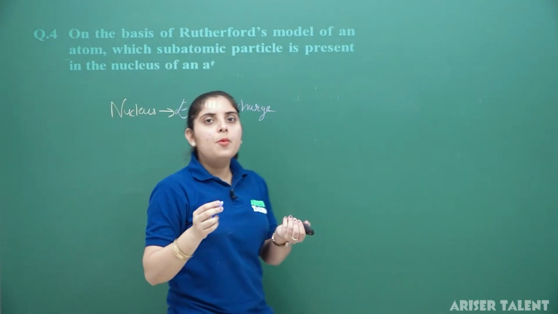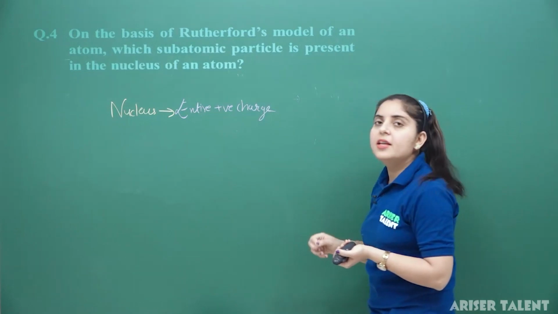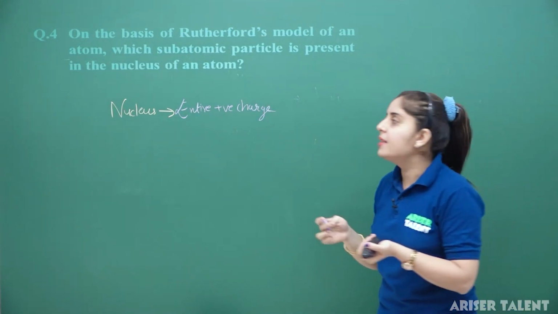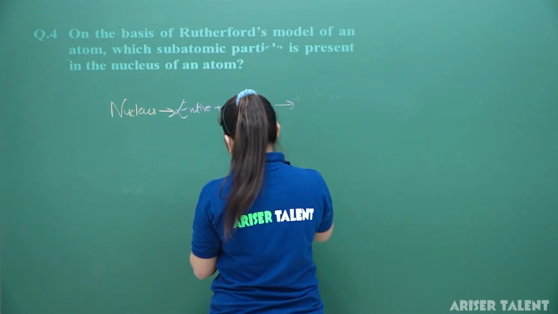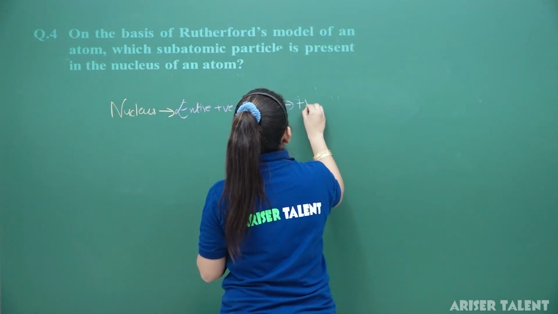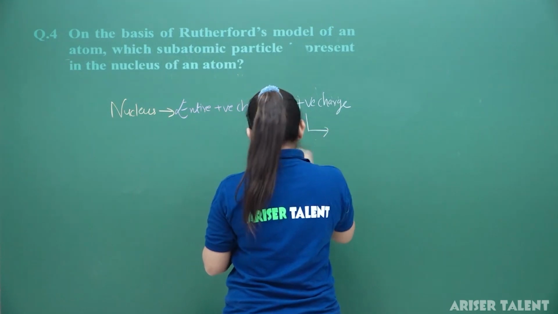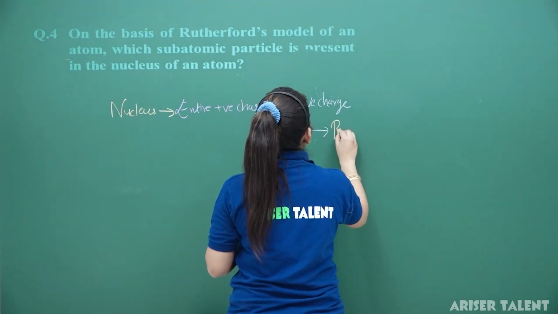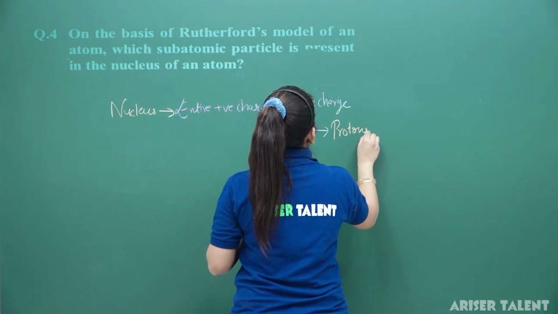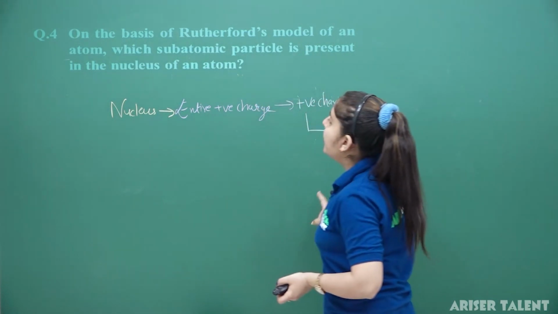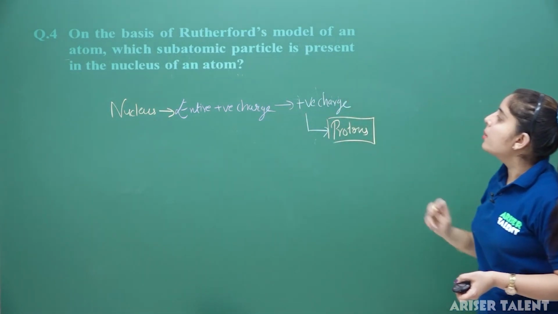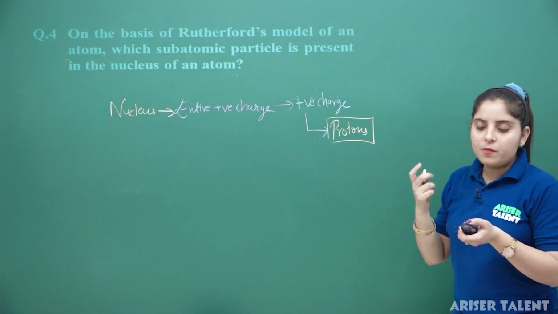The positively charged particles are basically known as protons. So the correct answer is proton, which is the subatomic particle present in the nucleus in Rutherford's model of an atom.